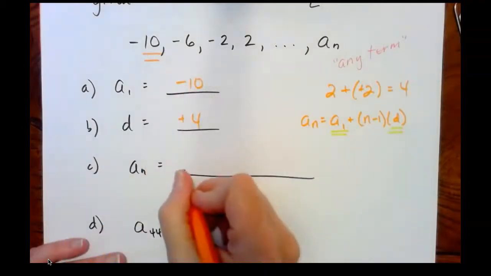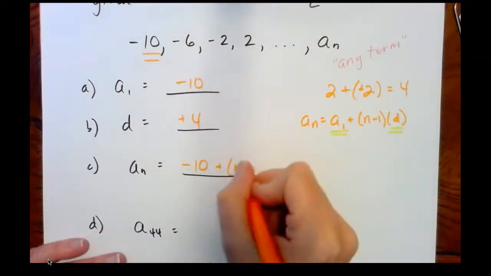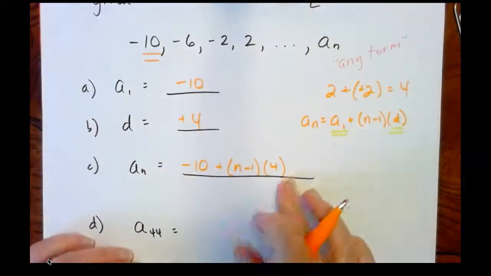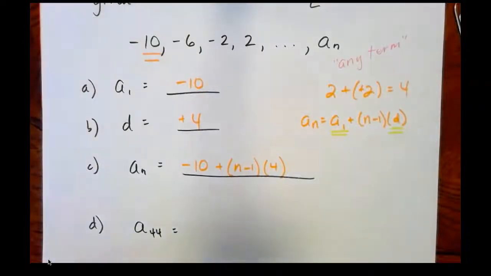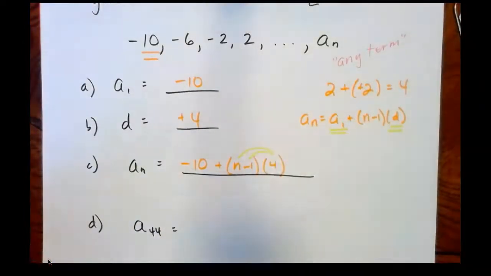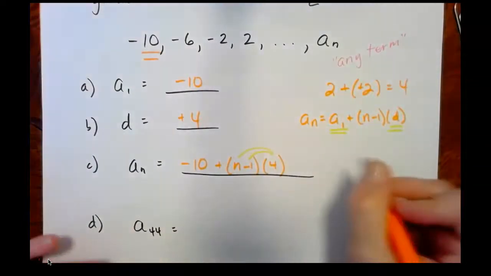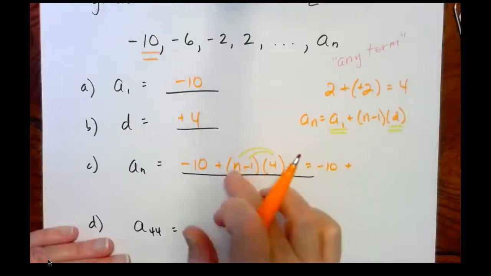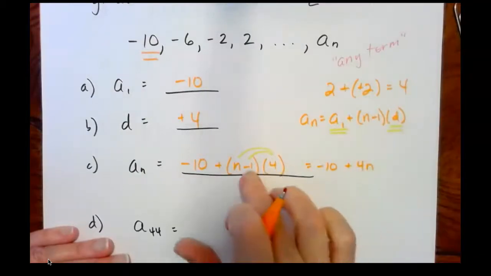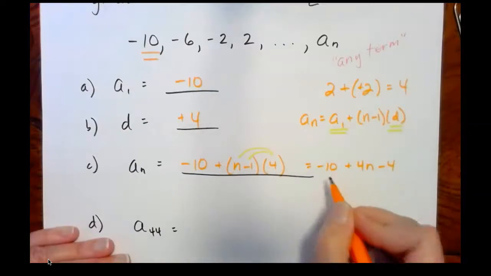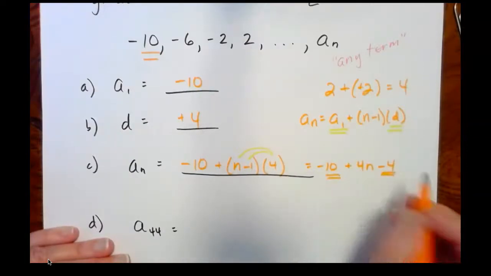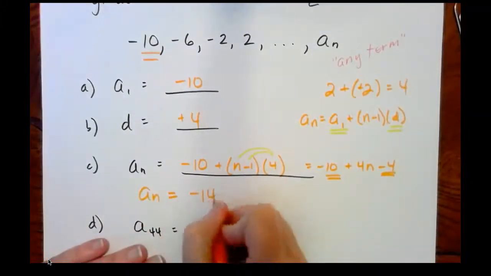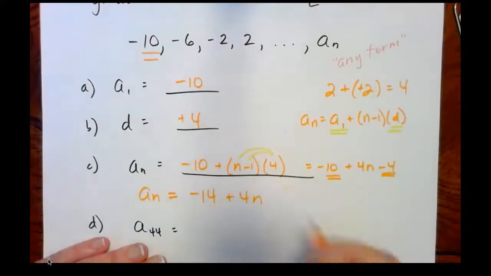So a sub 1 is -10 plus n minus 1 times the d, which is 4. So this is an expanded form. We can easily simplify this by distributing the 4 and then combining like terms. So -10 plus 4 times n is 4n. 4 times -1 is -4. -10 and a -4 give us a simplified a sub n of -14 plus 4n.